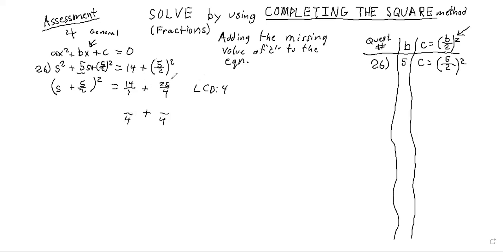The second fraction here, 25 over 4, we don't have to change anything, so we can just keep that. However, for the first fraction, 14 over 1, we have to get an equivalent fraction with a denominator of 4. How do we do this? In order to get an equivalent fraction, all we have to do is multiply the numerator and denominator by the same number. So we ask, what number do we multiply 1 by to get 4?